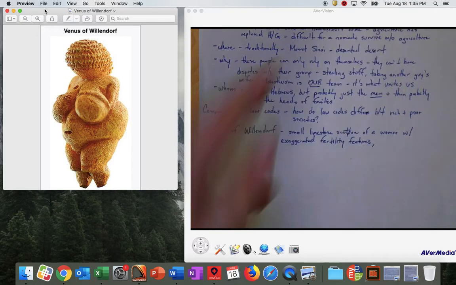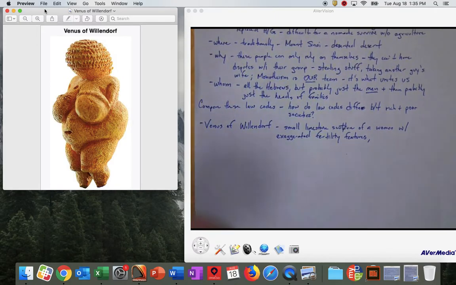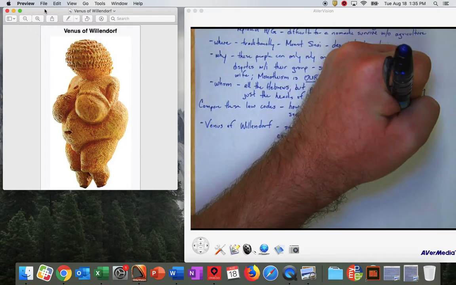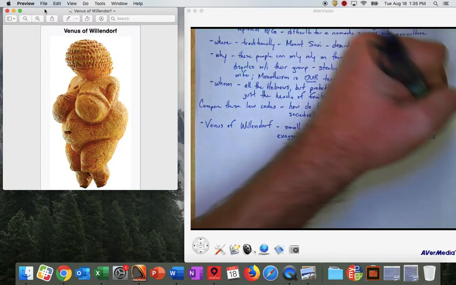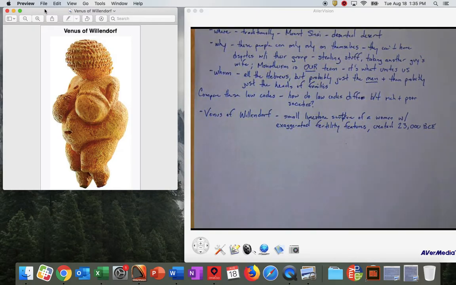And archaeological evidence points to this being created around 23,000 BCE. So right in the middle of the hunting and gathering period, this sculpture was made.